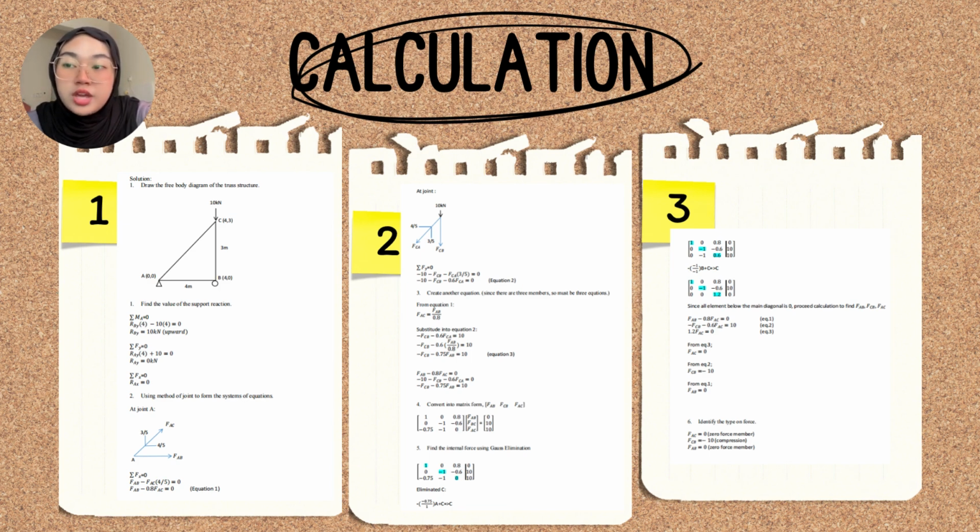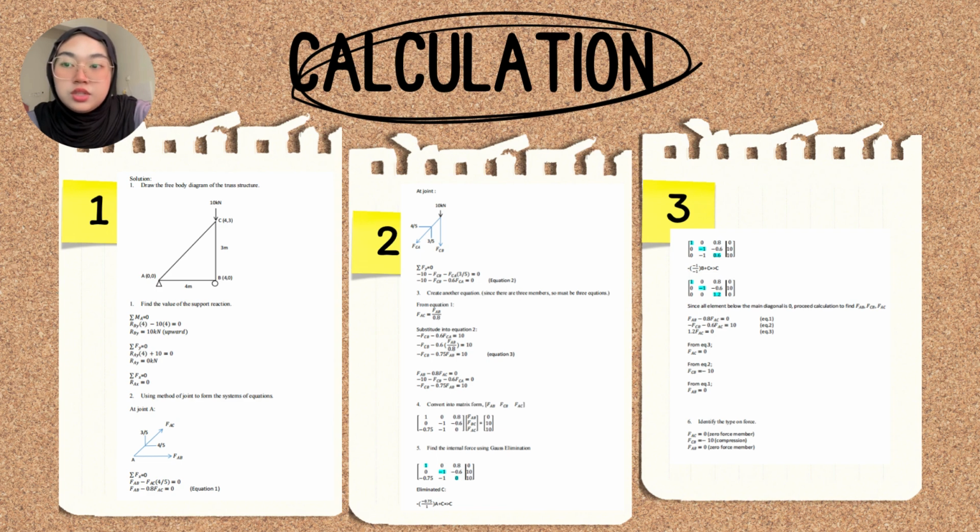For now, we have two equations, but we need three equations because there are three members in this truss structure. From equation 1, we can derive FAC equal to FAB divided by 0.8.